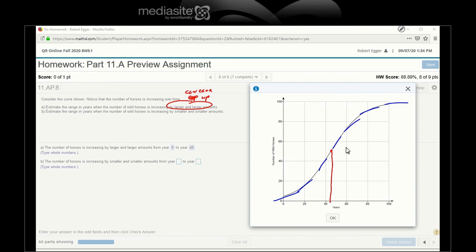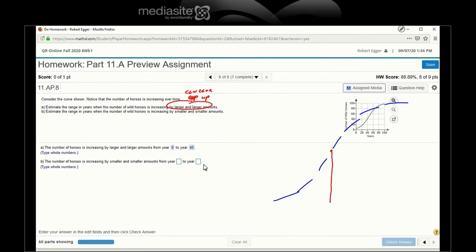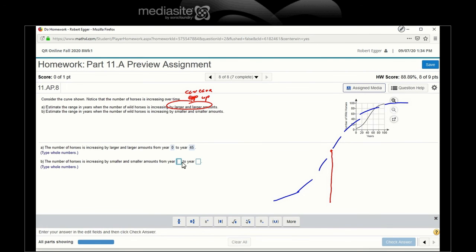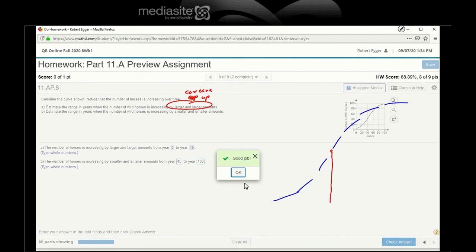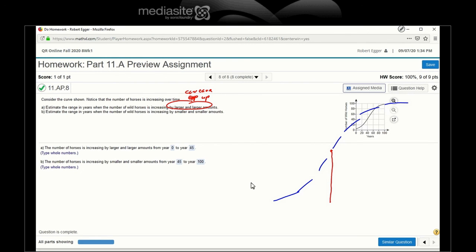The tangent lines. So 45 to 100. All right, and I think that's it.